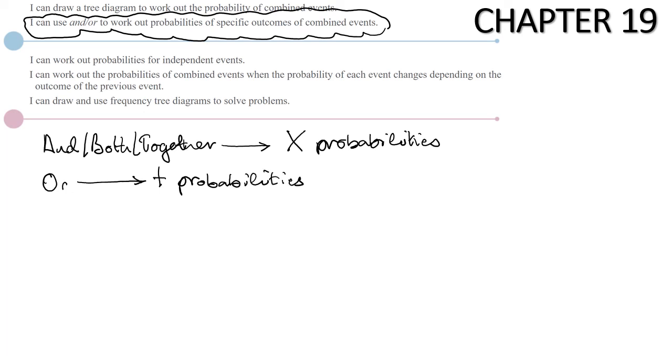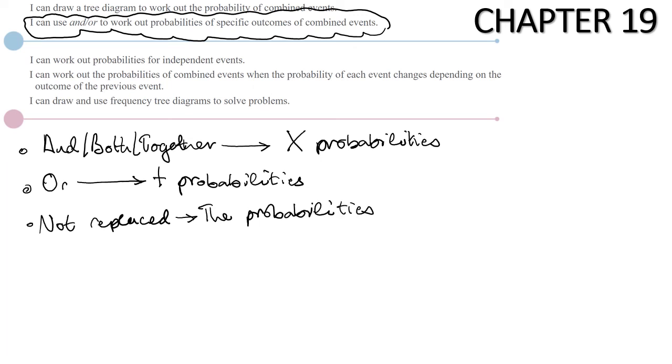Yeah, and we can do this because these events are independent. Okay, and the only other thing you need to watch out for is when we have things where it says something is taken out and not replaced. So beads in a bag, cards, that sort of thing. If something is not replaced, okay, the probabilities will change in the tree diagram.